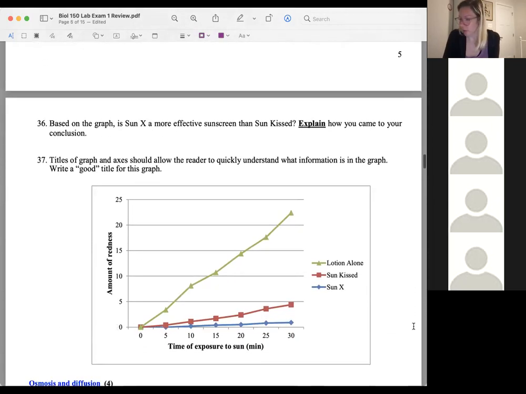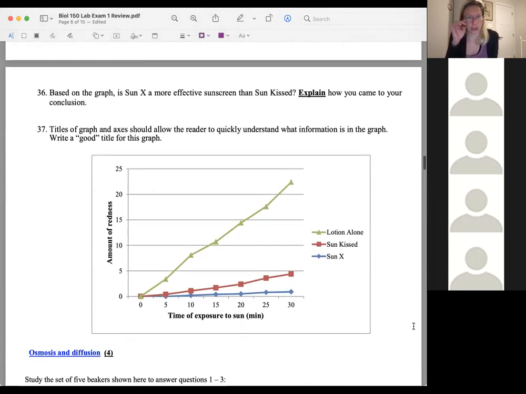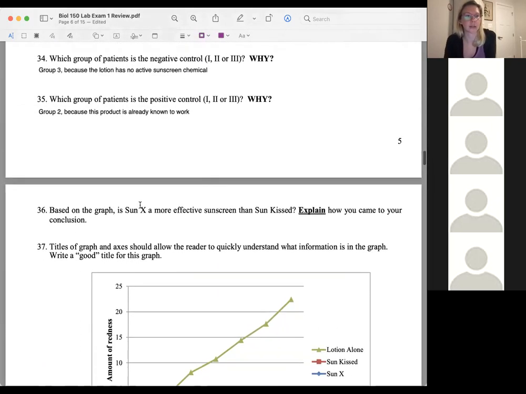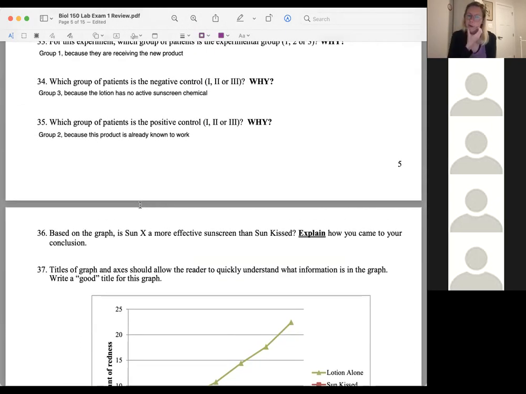Okay, so based on the results on this graph, is Sun X more effective than Sunkist? So here we have our exposure to the sun in minutes, and then the amount of redness. It doesn't give us a unit for that, but I think it's kind of arbitrary. Yes. Scroll back up a little bit.